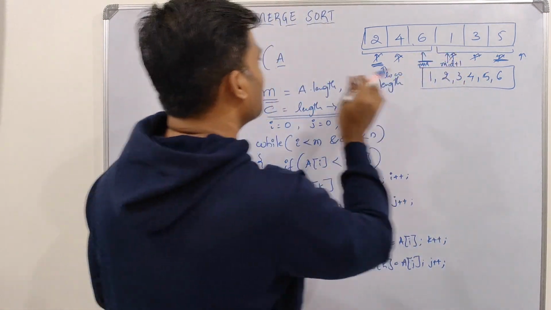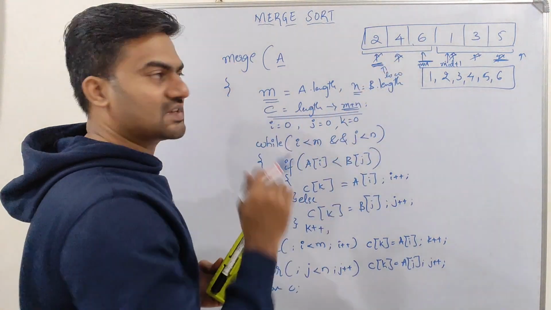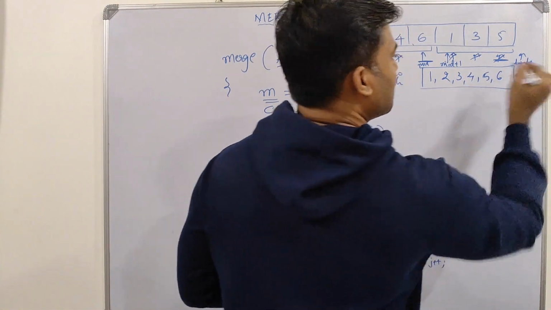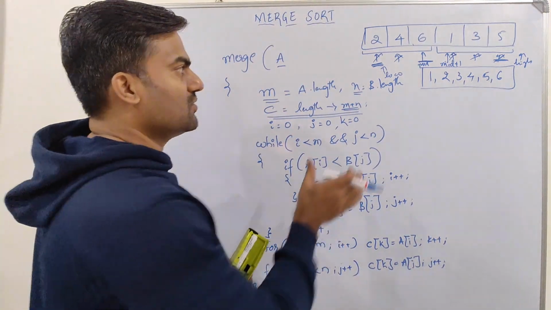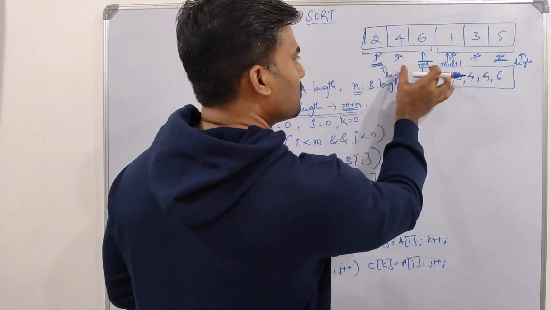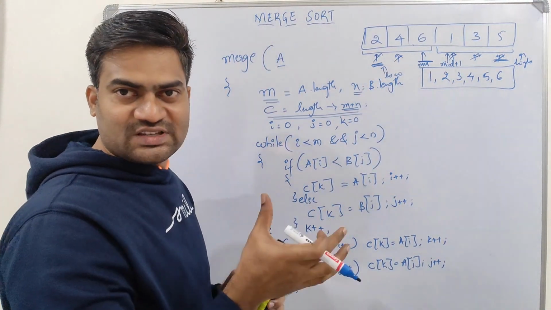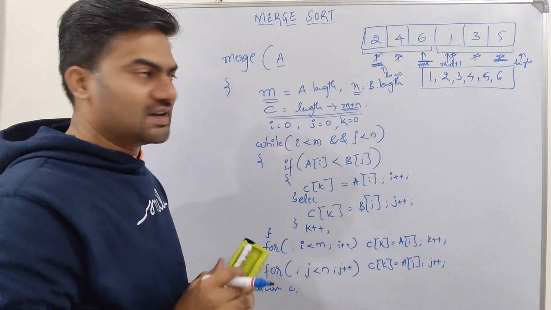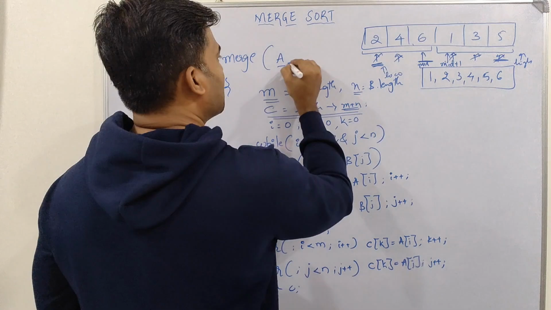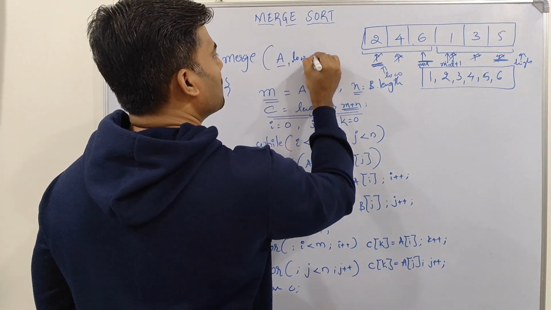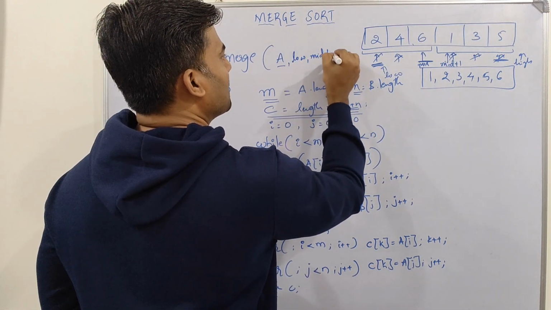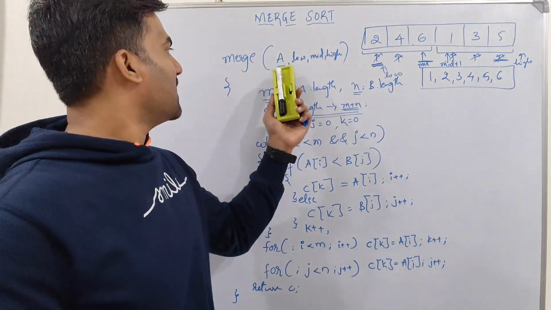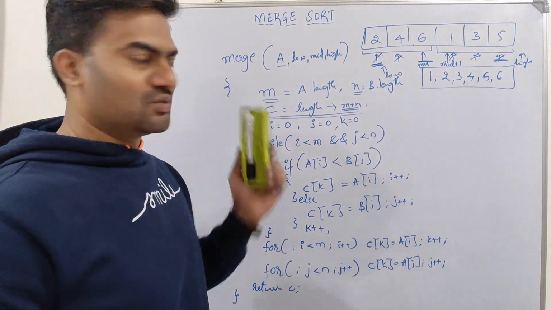My mid is nothing but the length of the first array, and this is my high. So low to mid is my first array and mid plus 1 to high is my second array. So I will pass low, mid and high, these three parameters, in the same pseudocode.